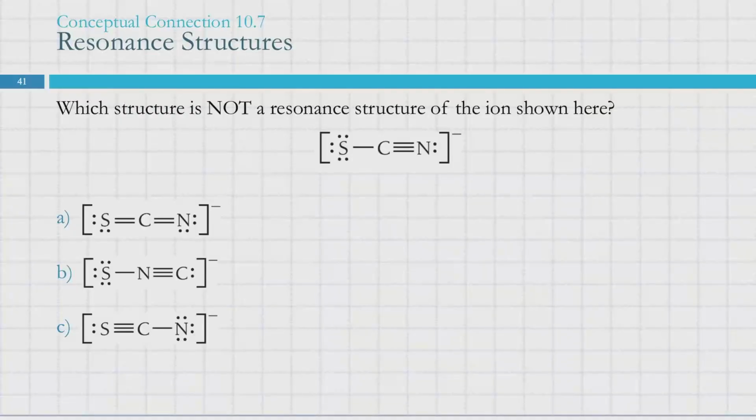Which one is different? Corporate needs you to spot the difference between these four structures. Which one's different? It's not A. A is a resonance structure.